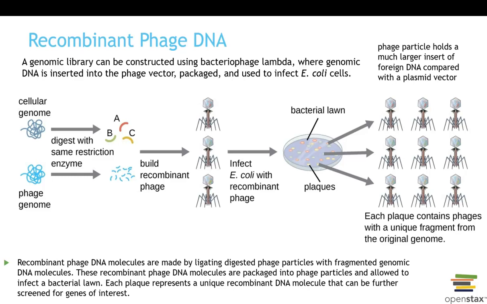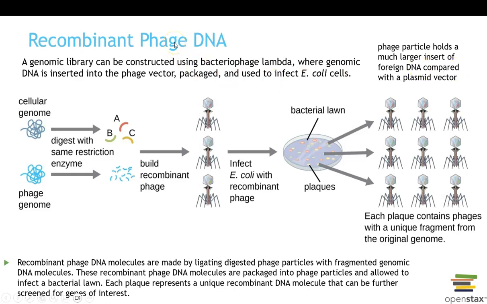They use it especially for bigger DNA, because you can clone and insert bigger fragments into the phages in comparison with the plasmid from the bacteria, and the phage particle can hold a much larger insert of that foreign DNA compared with a plasmid vector.